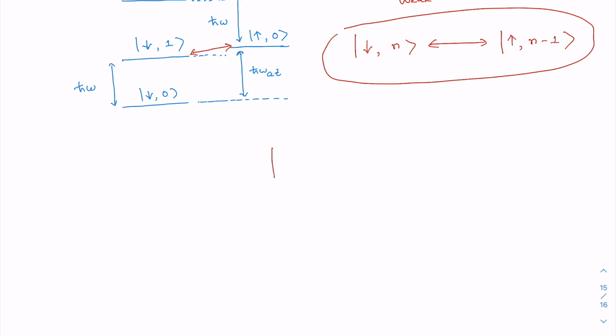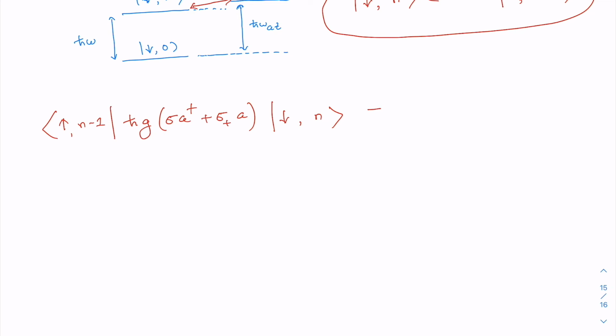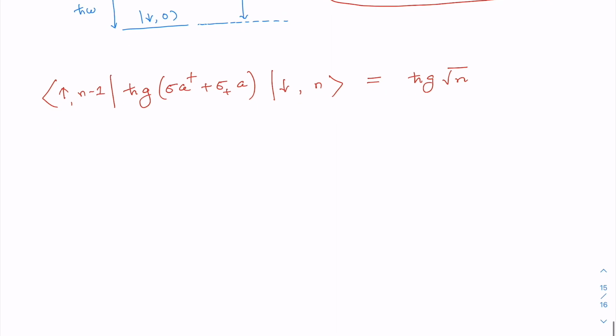We have this state, atom in the ground state and n photons in the field mode, and the atom in the excited state and one less photon in the field mode, and this is coupled via this term in the JC Hamiltonian, ħ g (sigma minus a dagger plus sigma plus a), right? So this is what we have to work out now. Actually it will turn out that this would be simply ħ g square root of n. Let me show how it can be worked out very easily.